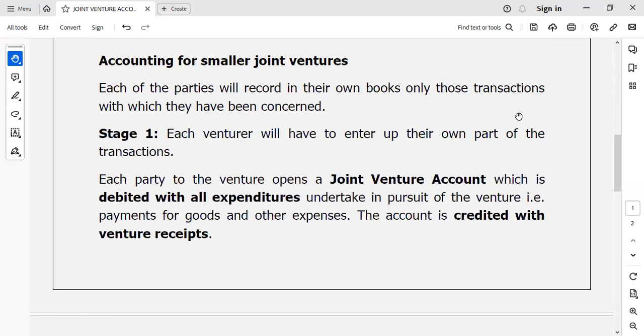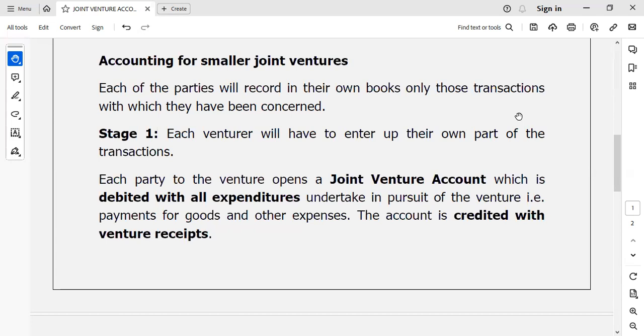Each of the parties will record in their own books only those transactions with which they have been concerned. If I'm a farmer and you're a merchant, you record your transactions in your own books. I'll also record my transactions in my own books. Simple.